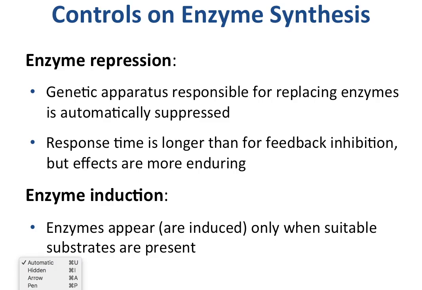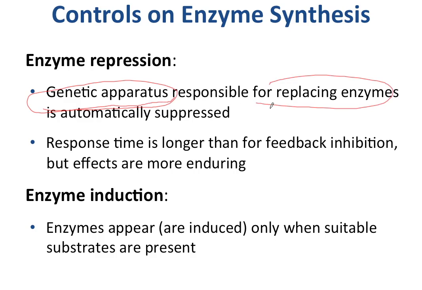So the genetic apparatus, the DNA, is responsible for the enzyme regulation. Or they can make less enzyme, so they can repress enzyme numbers to decrease certain reactions.